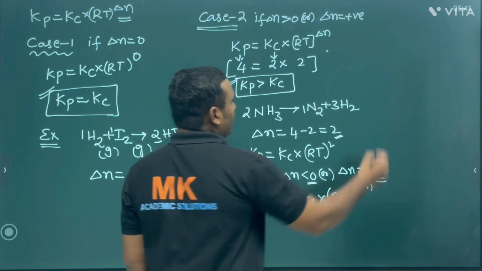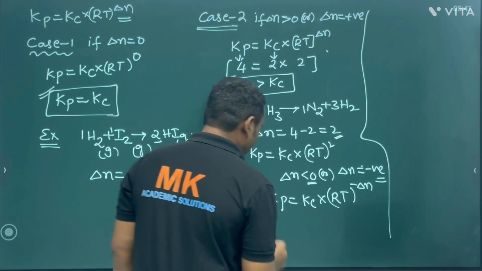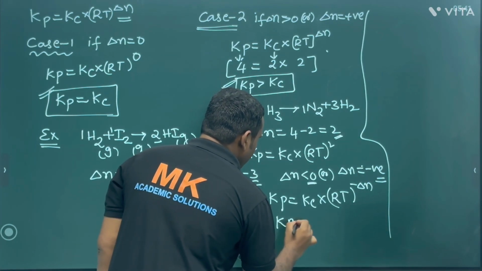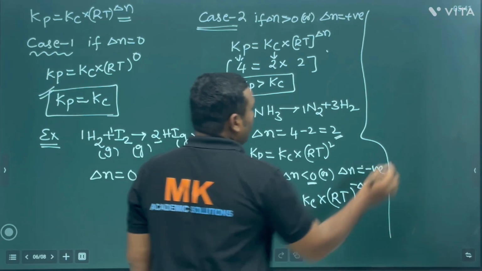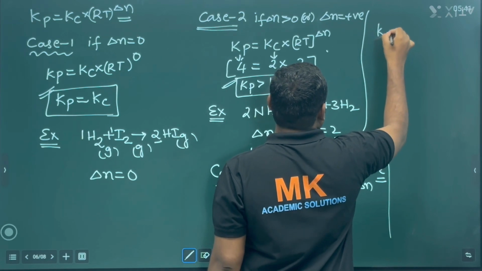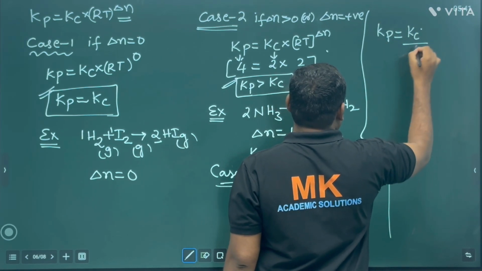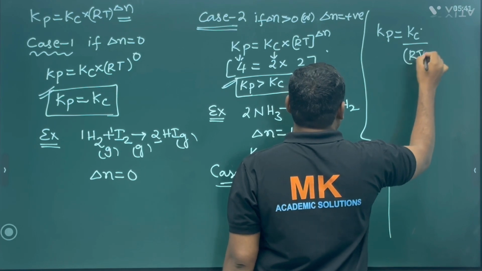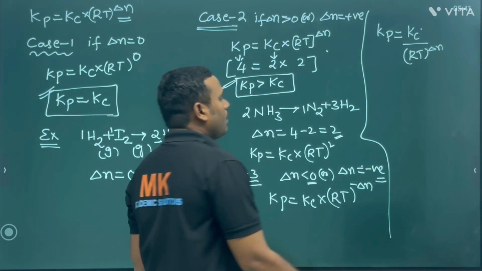Now how can we relate this? Here we can write it as Kp is equal to Kc by RT to the power delta n. So how can we visualize this?